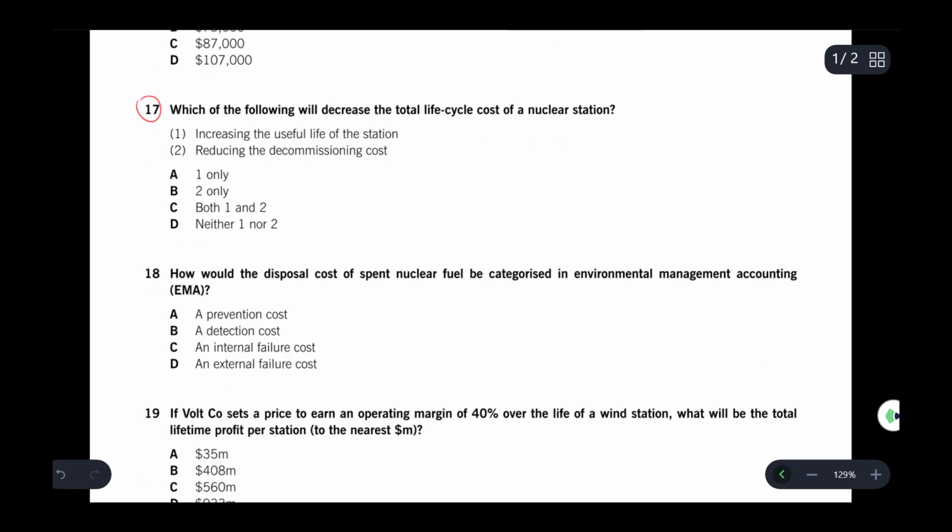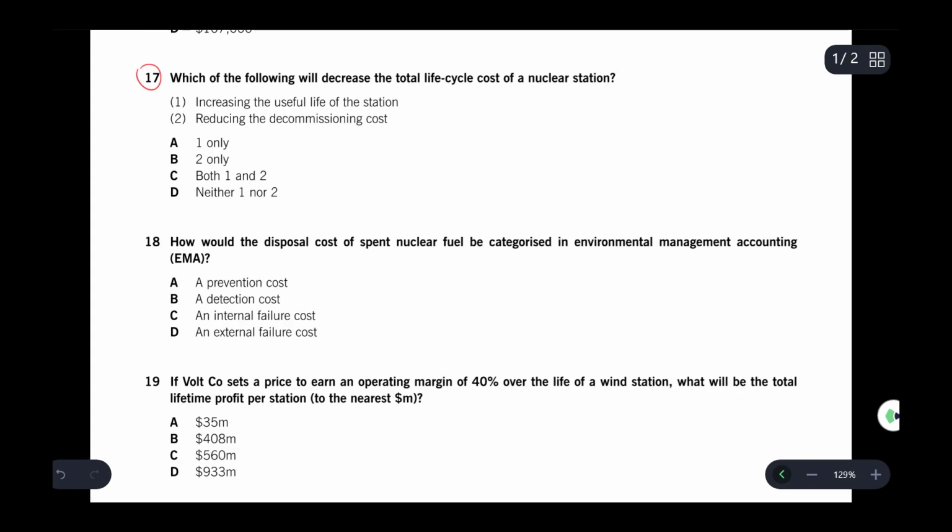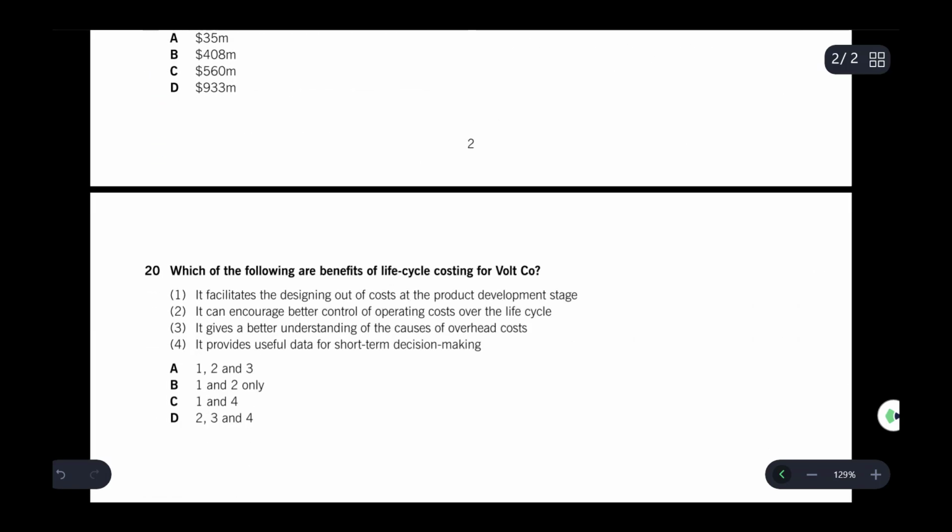I like 18 is theoretical. 19, look at this, we're getting into some kind of a pricing question, and then 20, another theoretical question. So I'm going to do that exact same thing in the real exam. I'm going to scroll through each screen, and I'm going to do the easier theory questions first. Okay, so let's do that exact thing together now.